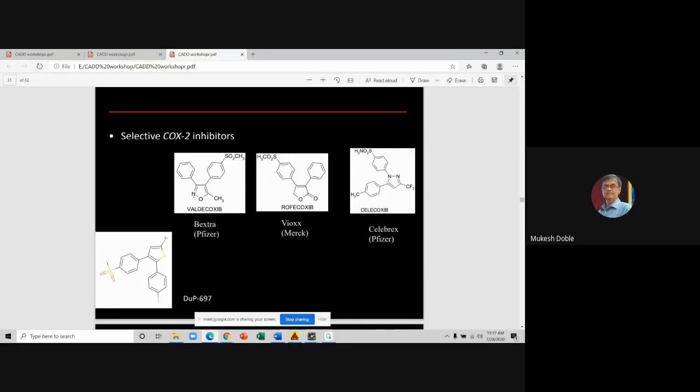That means you see two acceptors are close by and one acceptor is far by. That's why you get something like an isosceles triangle. Again, you see in this, two acceptors, that is oxygen, are close by and one acceptor is far by. So it forms an isosceles triangle.